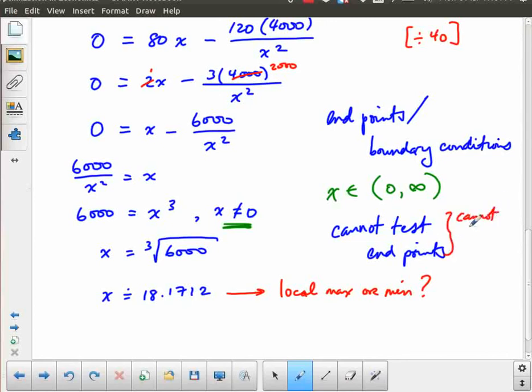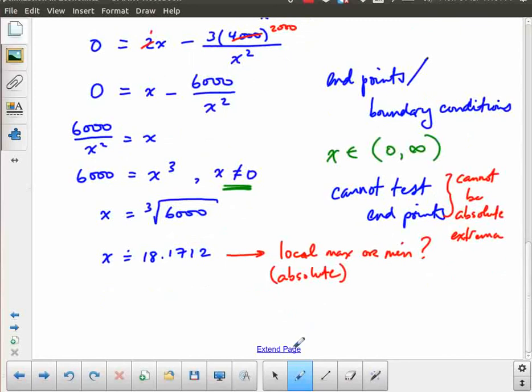So these cannot be our absolute extrema, which means this local max or min has to also be the absolute max or min. So that being the case, how do we decide that?